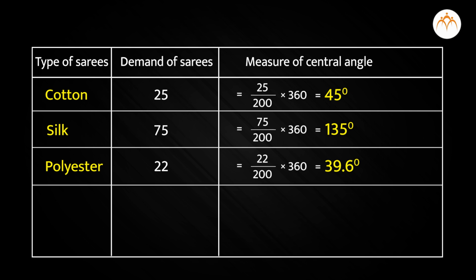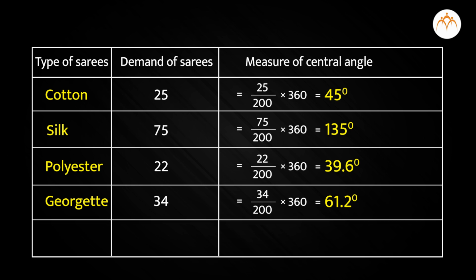39.6 degrees. Georgette saris, demand is for 34 saris, measure of central angle is equal to 34 divided by 200 into 360 equal to 61.2 degrees.